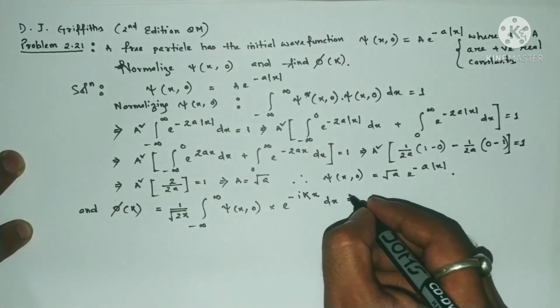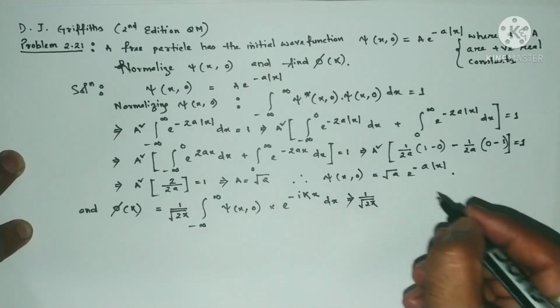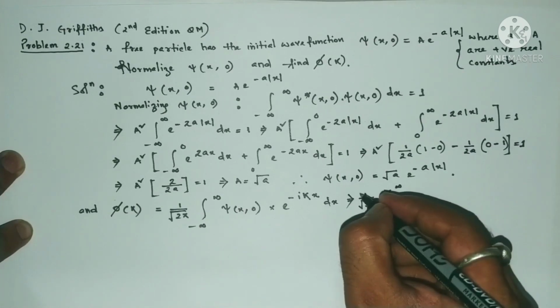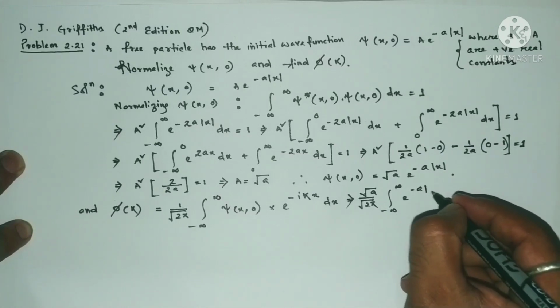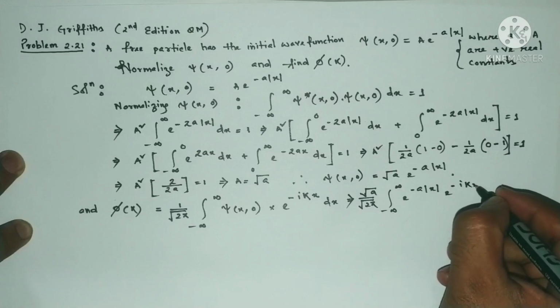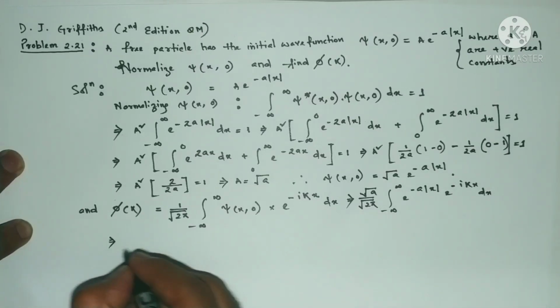So this is 1 by under root 2 pi, minus infinity to plus infinity. Here it's under root a e raised to minus a mod of x and e raised to minus i k x dx. Similarly here we are going to break the integral into two parts.